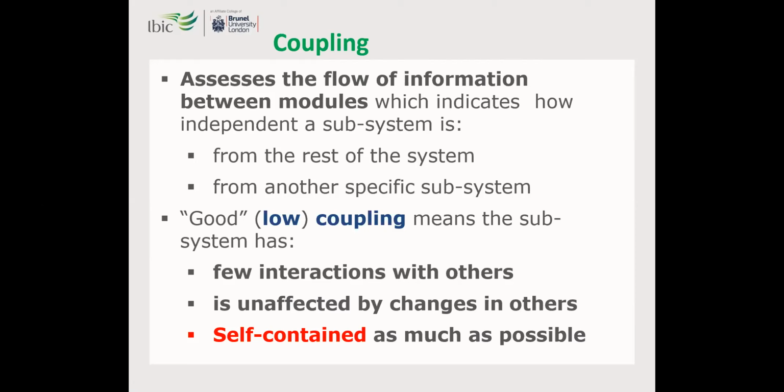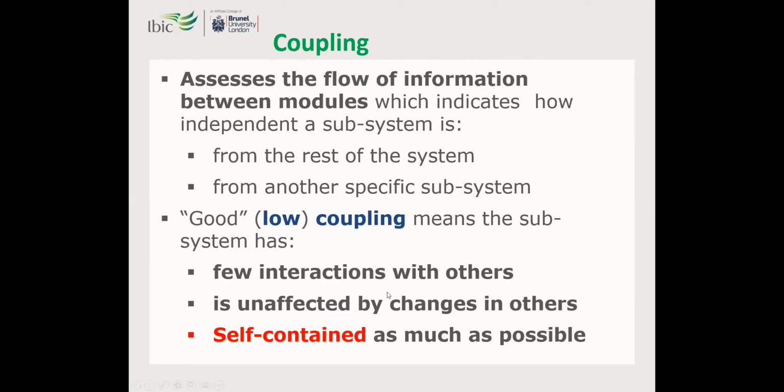Disregard the previous example, the previous slide. So, few interactions with others, because it's going to make our life easier if we don't need to look for all kinds of dependency and relationships among the components.